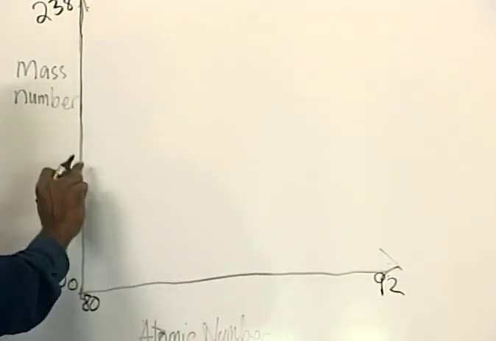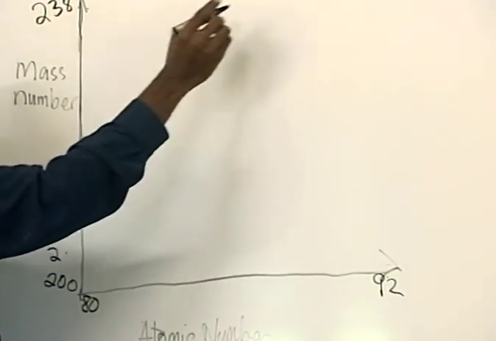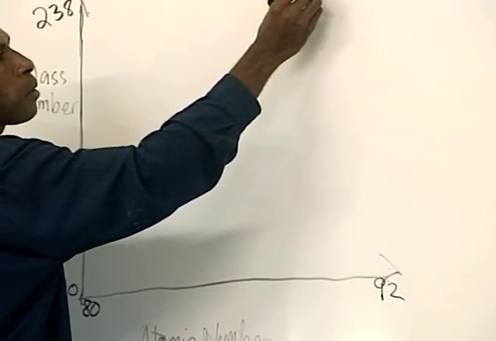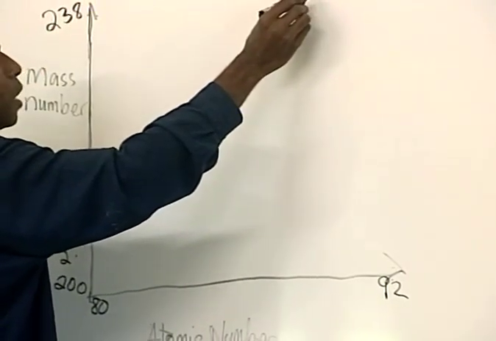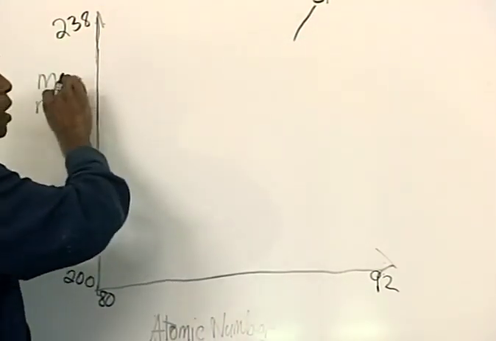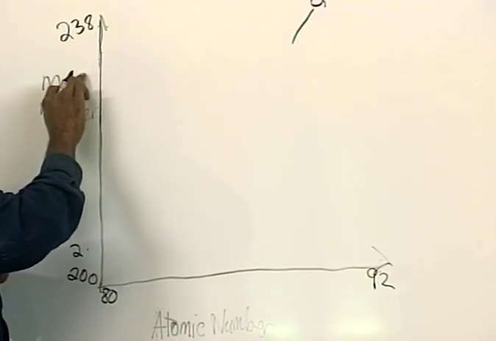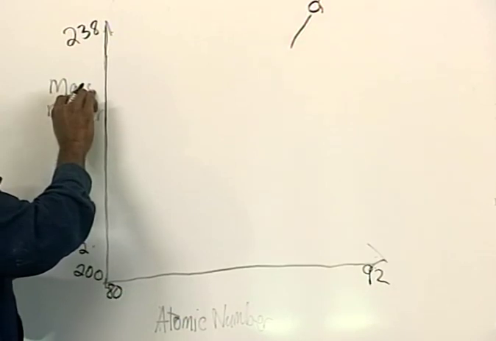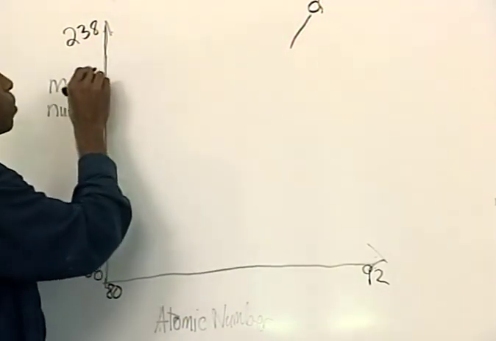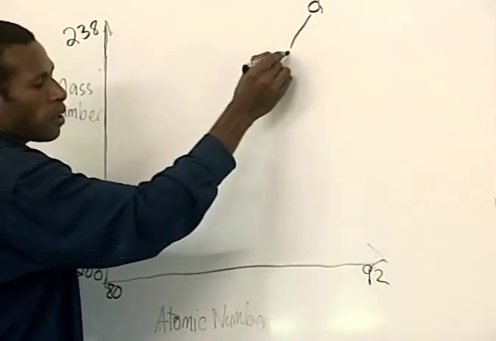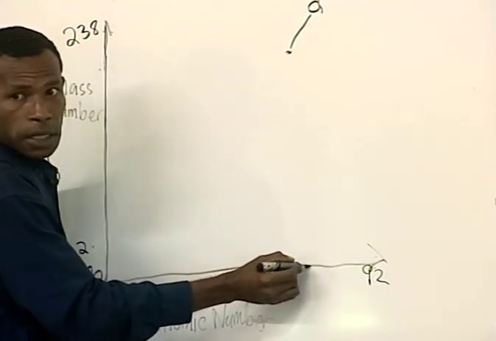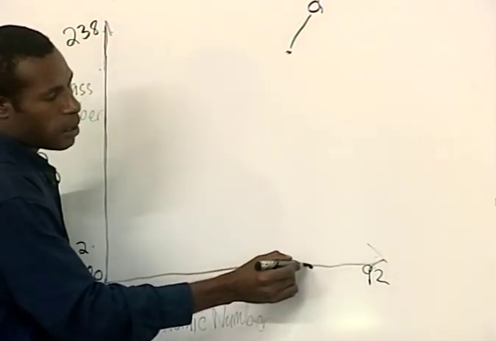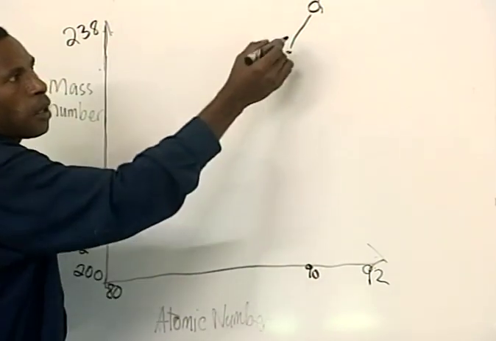The first mode of decay would be alpha decay, and it will form thorium, which has a mass number of 234. So 234 will be somewhere there. You look across there, 234, and here will be 90. That is for alpha.